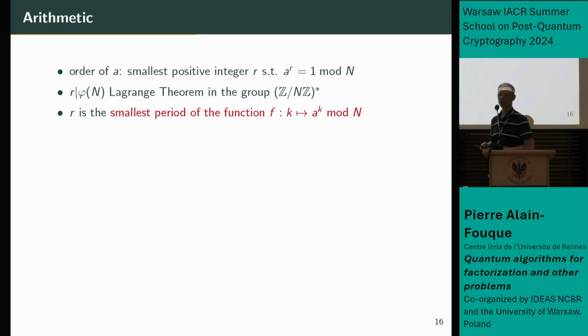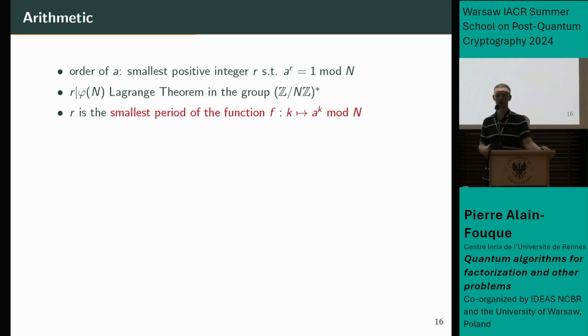So the order of some element a is the smallest positive integer r such that a raised to the power r is equal to 1 mod n. Okay? That means that if I look at all the powers of a, there is no power a to the k, with k strictly less than r, that is equal to 1. Okay, so I want to have k different from 0.